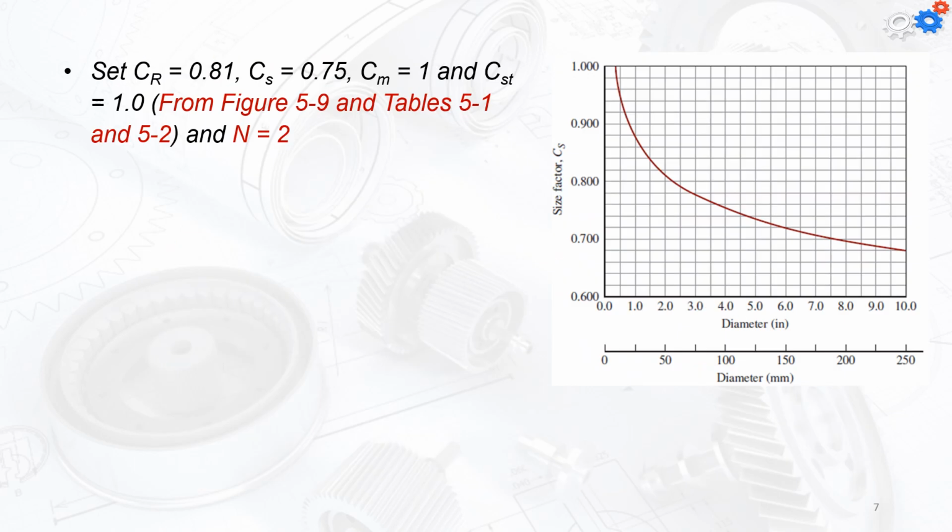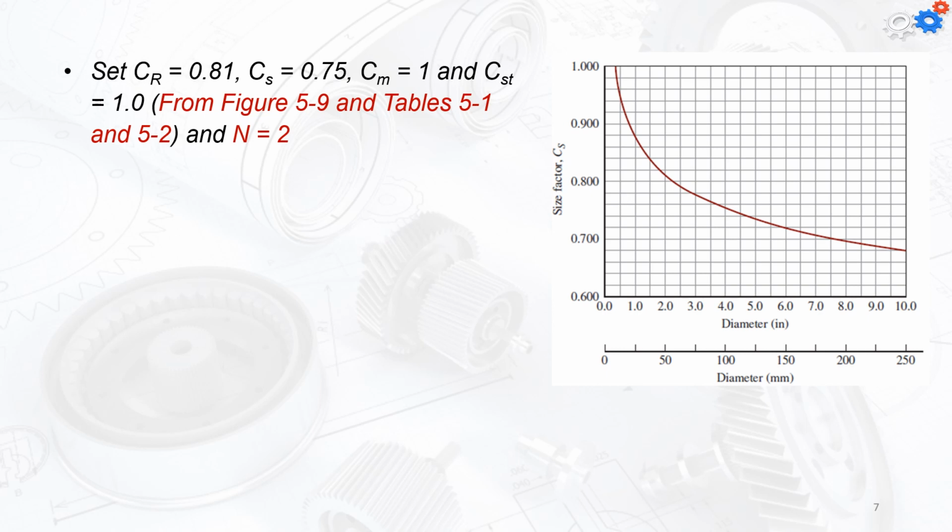We know that we cannot use the Sn value directly, so we need to find the modified value for the Sn. Now we need to find the different parameters, which are the CR, the CS, the CM, and the CST, which are the factors for the reliability, the size, the material, and so on.